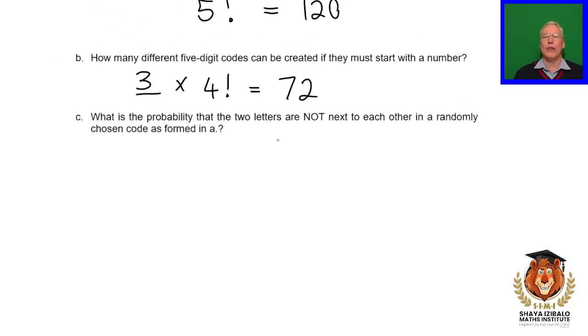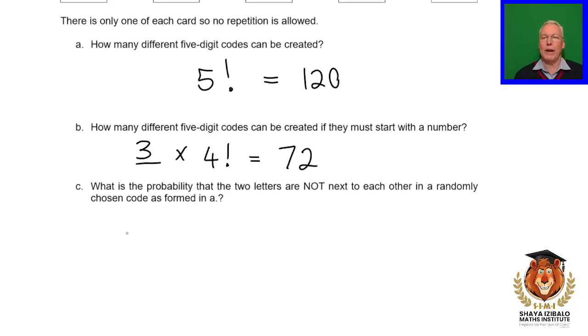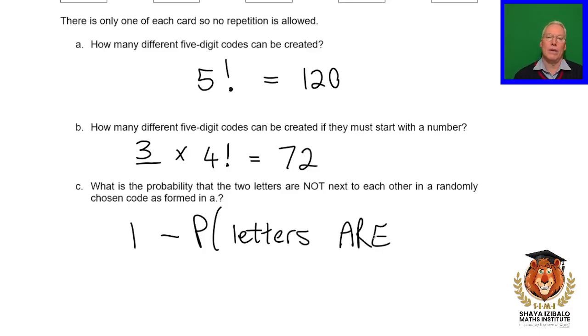What's the probability that the 2 letters are not next to each other? Out of the 120, what's the probability that they're not next to each other? Now, the easiest way to work this out is going to be 1 minus the probability that the letters are together. We're going to count the number of ways with the letters together. What's the trick?